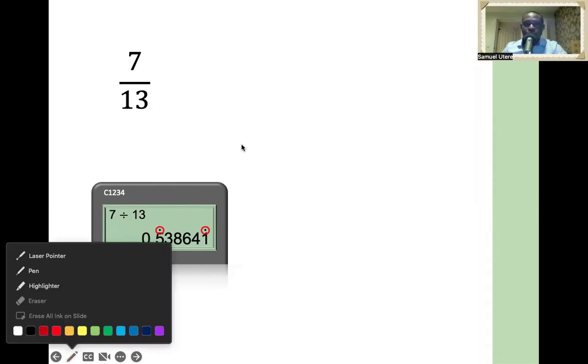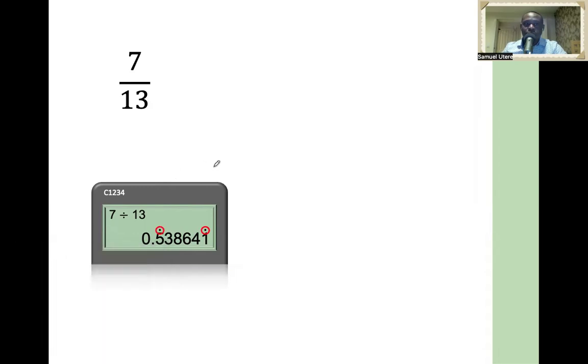Recurring decimal. So recurring means the digits recur. You're going to come across this again and again and again, so you can make note of that if you want to. Again and again in year 8, in year 9, year 10, even in year 11. So recurring decimal simply means that the digits in between these two numbers will occur again.